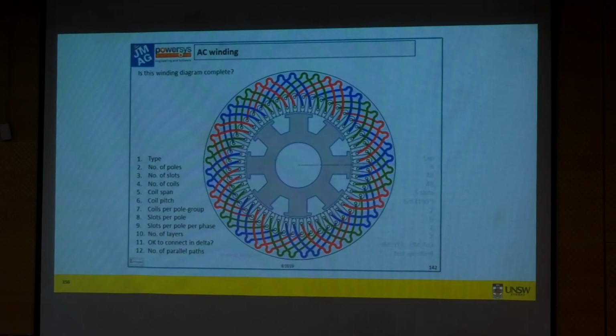This is again from the JMAG materials. It is showing how a winding is distributed, and how many poles, slots, etc. So feel free to look at it in your own time to understand how it is done.